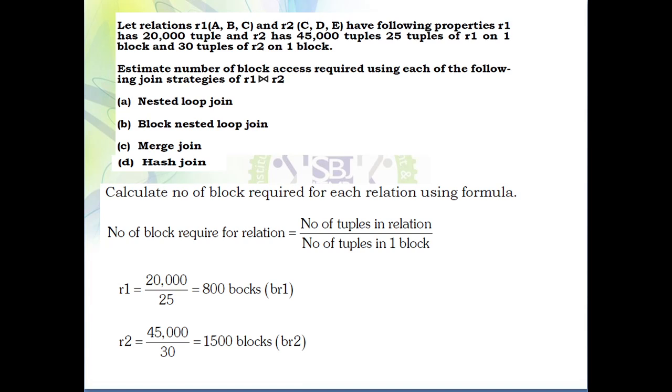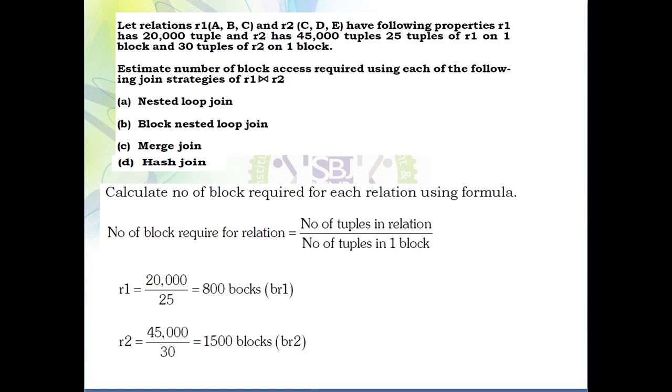Be careful: sometimes the number of blocks is given directly in the numerical and sometimes it is not. If blocks are not given, you need to calculate them using the simple formula, number of tuples divided by the capacity of one block. You need to read the numerical very carefully, otherwise your answer gets wrong.